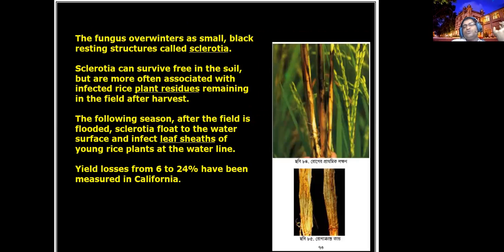Therefore, if you take any management measures related to sheath blight control, you can easily control stem rot diseases. For this disease also, careful monitoring is highly recommended, because once sclerotia are formed, management is very difficult.